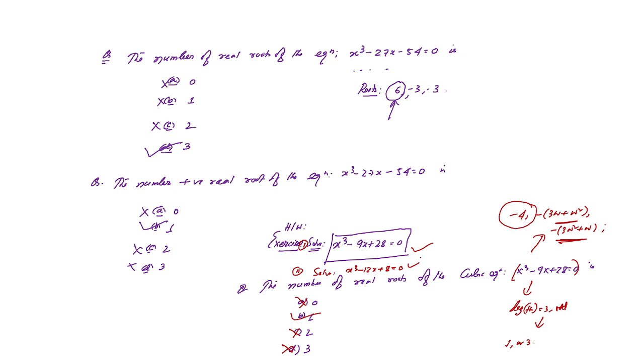Now we come to the next type, that means type 2. So what is exactly said in type 2? That will be a cubic equation, but the coefficient of x square must be non-zero. Here the cubic equation looks like ax cube plus bx square plus cx plus d equals to 0.